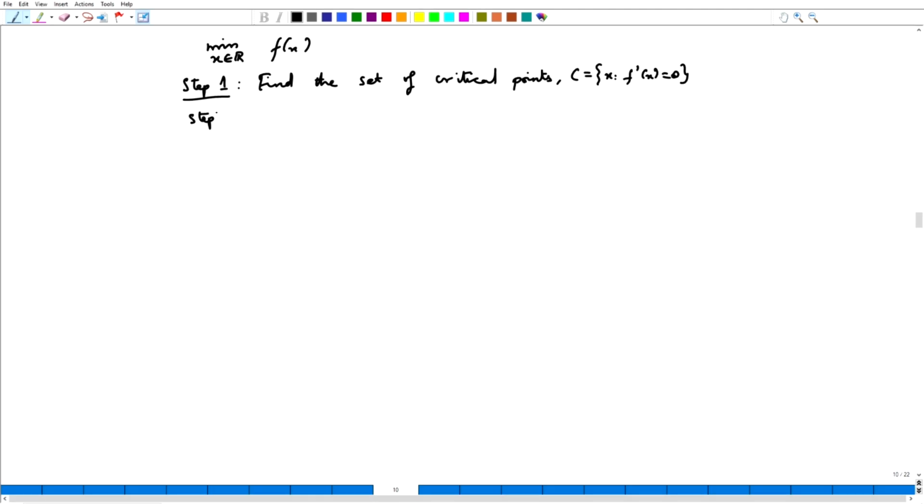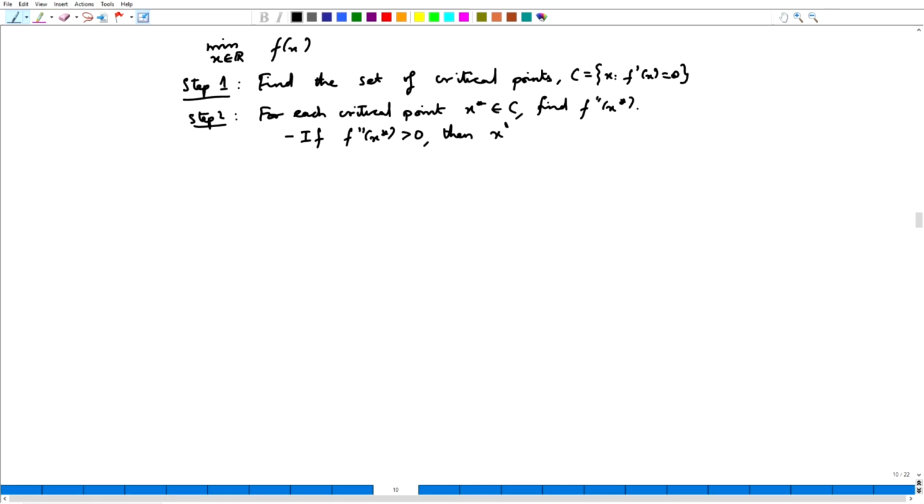and the next step is, for each critical point x star in C, find f double dash of x star. If f double dash of x star is greater than 0, then x star is a local min.